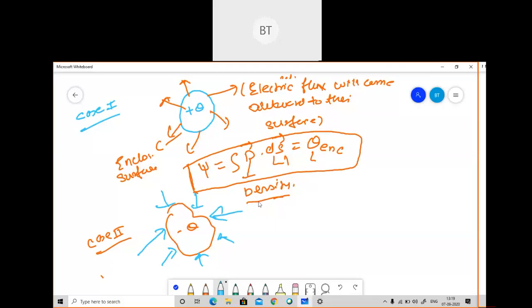If I need to calculate electric flux, I will write electric flux equal to the integral of D dot dS, is equal to minus Q. So this will be the case if minus Q is there.